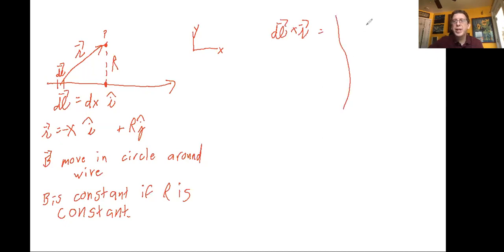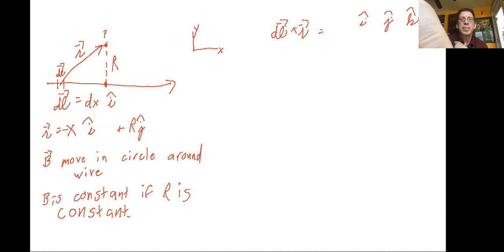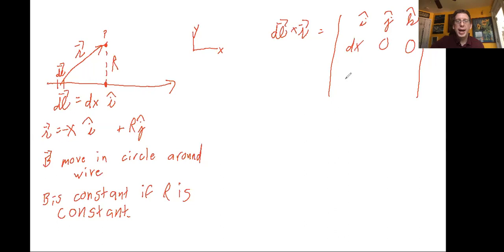So you can set up the determinant. Excuse me, I'll draw this line a bit straighter. You can write the cross product as the determinant of a three-dimensional vector. So the x, y, z components of dl are dx, 0, 0. And then the components for r are negative x, R, 0.